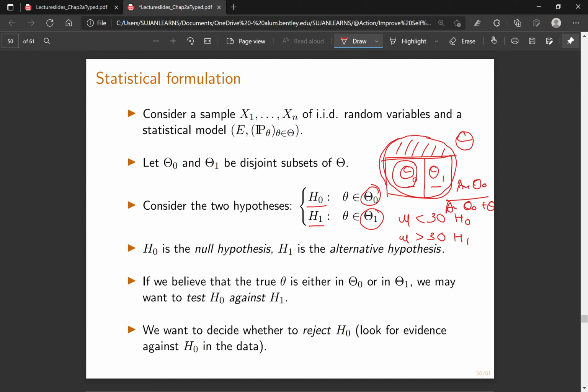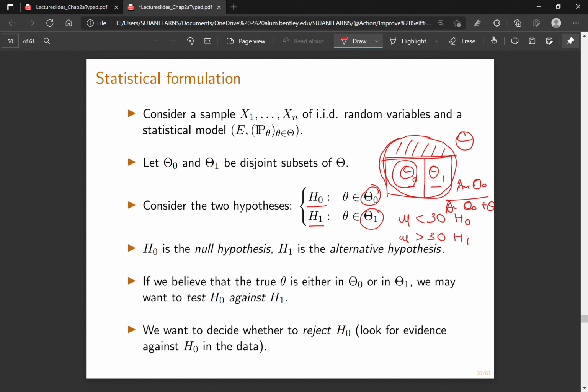Now, one more thing we need to understand here is that we start with the assumption that H naught is true, and we look at the data, trying to find a contradiction against it. But if we do not find evidence in the data, it doesn't mean that H naught is true.